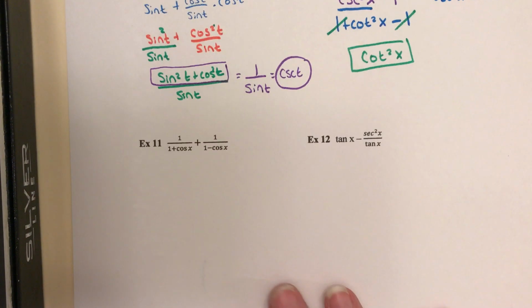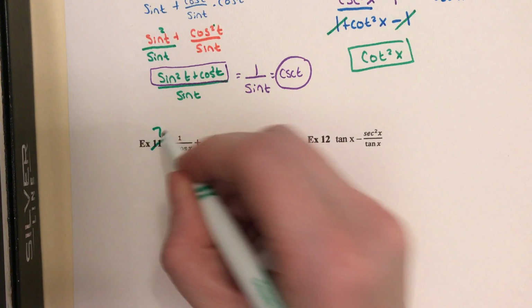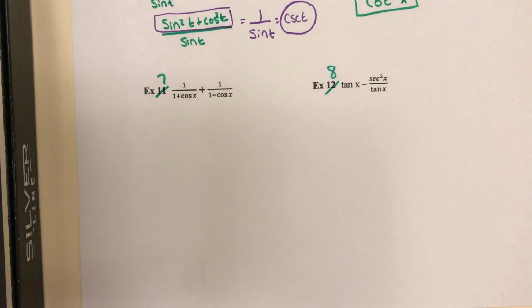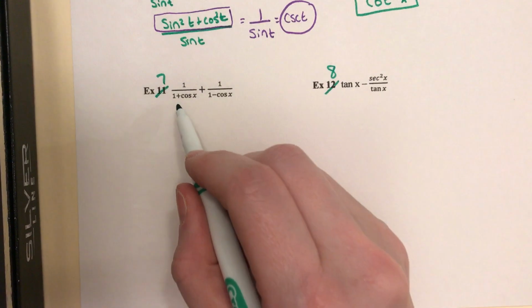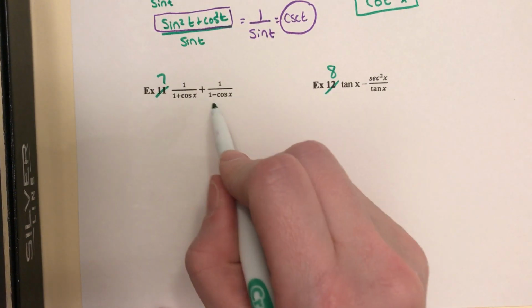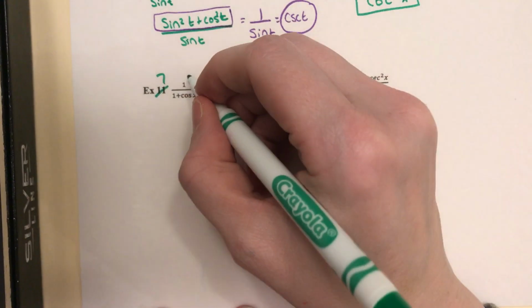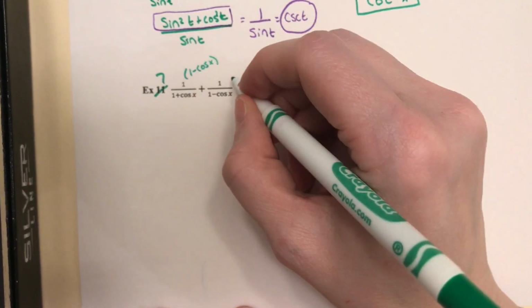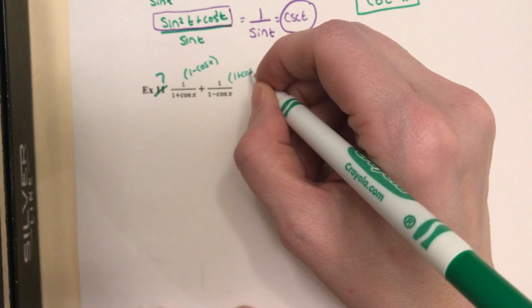Okay, let's try number 7. 7, I have 2 fractions, so right away I think I probably could combine them, and hopefully we can cancel some things out. Now my common denominator is going to be both of these denominators, so I'm going to have to multiply the first fraction by the 1 minus cosine, and the second one by the 1 plus cosine.